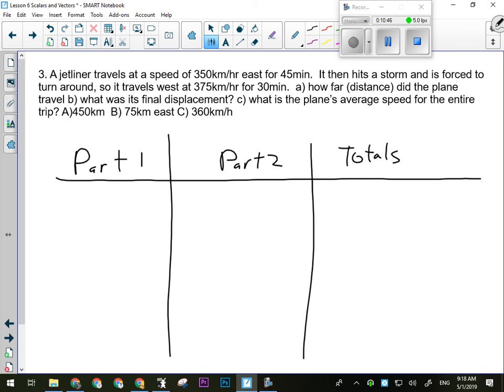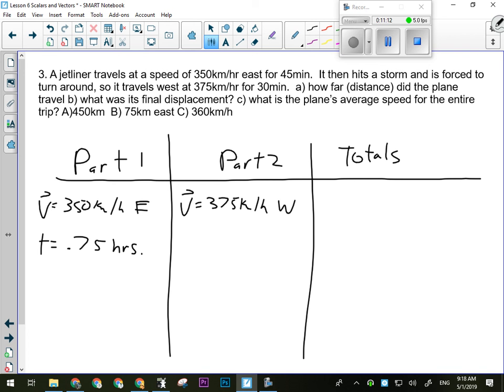All right, so we've got a velocity of 350 kilometers per hour in an easterly direction, and our time is 0.75 hours. I'm going to convert that to hours so that my units for time match. In part 2, we're going 375 kilometers per hour west, and doing that for a half an hour.